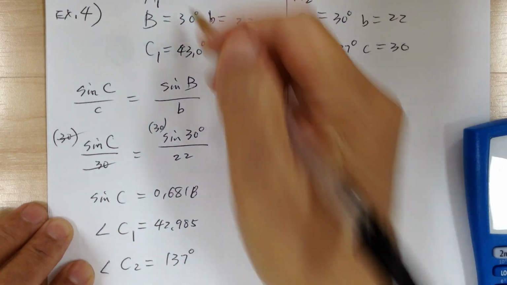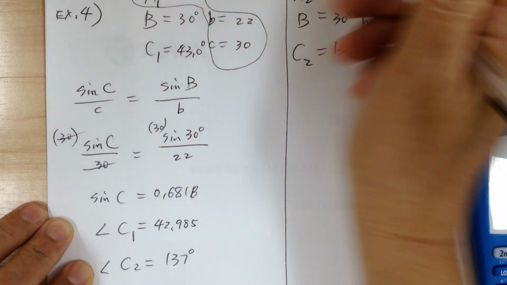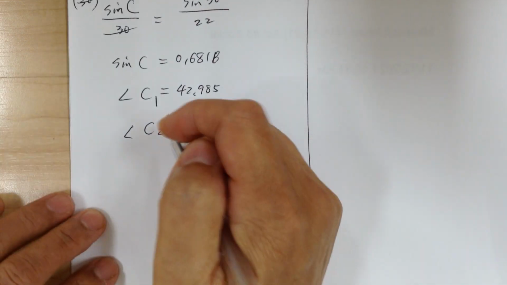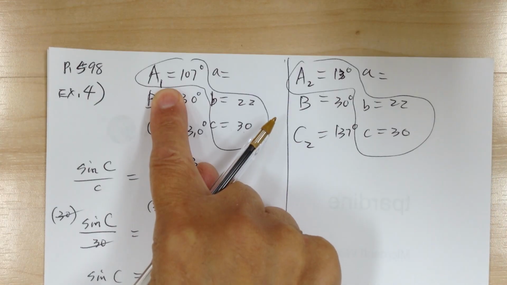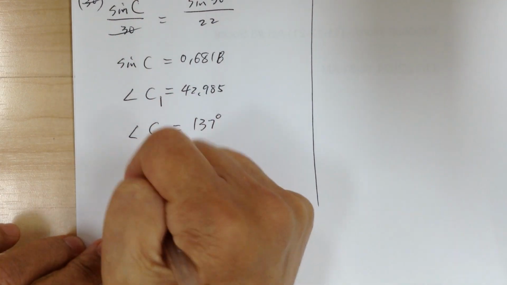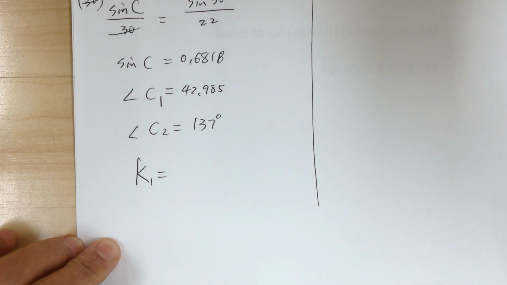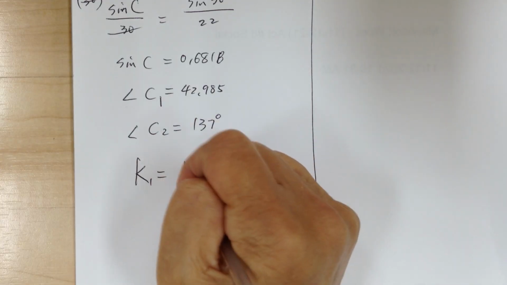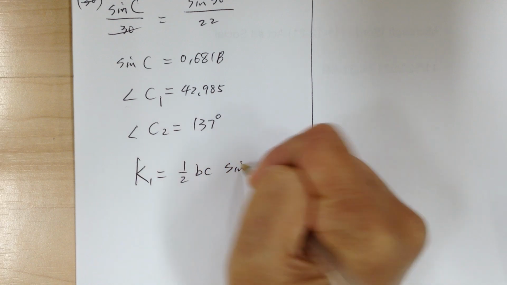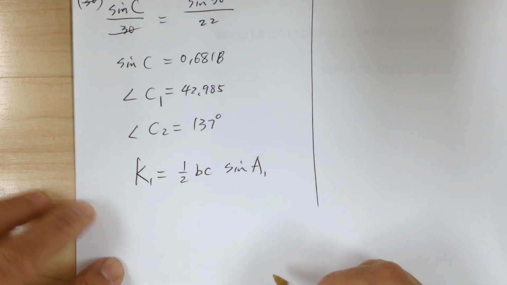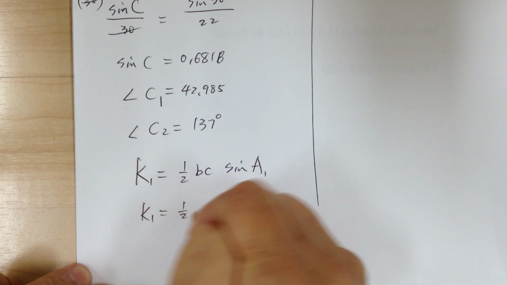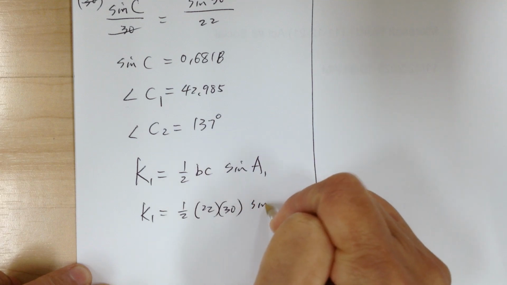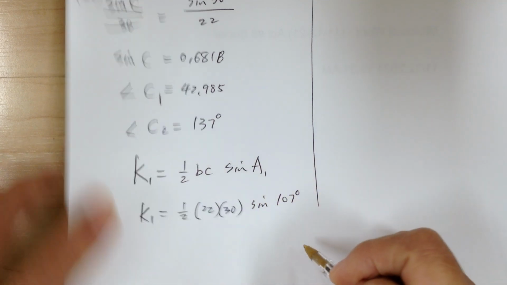Now we can use this information to find K. Since this is the first possibility, I'm going to call it K1. Use this formula, equal to 1/2 bc sine of A1. Substitute everything in: 1/2, b is 22, c is 30, sine of 107 degrees.